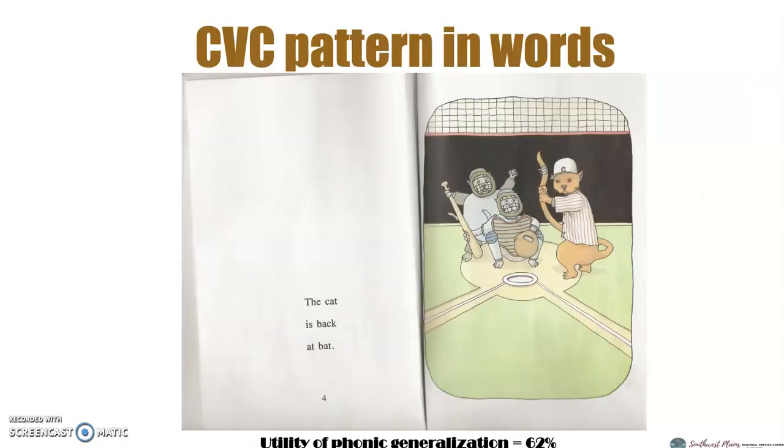Similar generalizations can be determined with medial vowels. Look at this text. The cat is back at bat. In the words cat and back and bat, you will notice a letter pattern, a consonant, and then a vowel, and then another consonant. That CVC pattern typically generates a medial vowel sound of a short vowel sound.